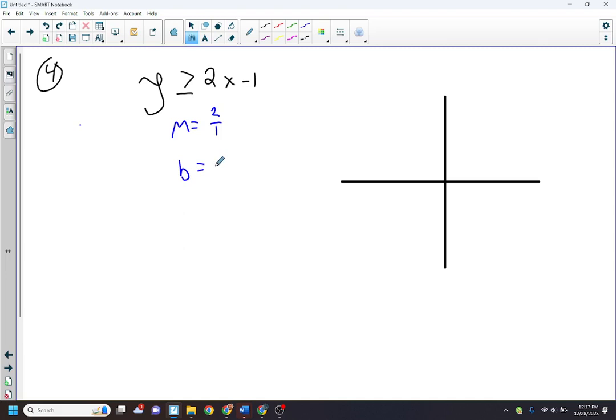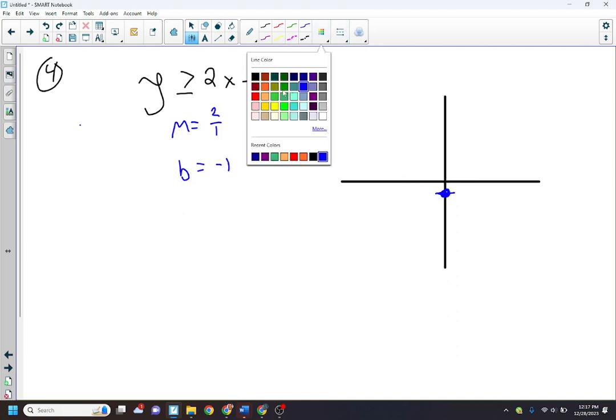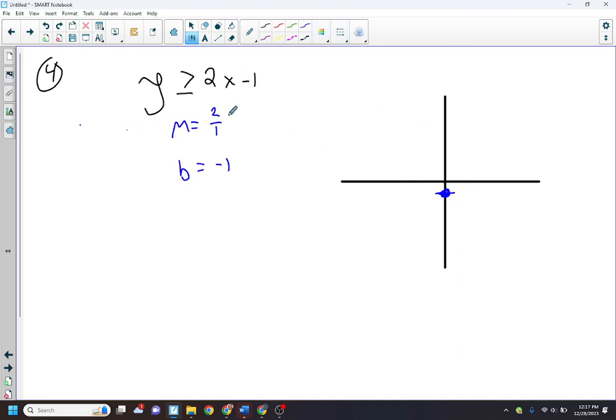Your b is your y-intercept, that's negative 1. So I'm going to start 1 down. And since my slope is 2 over 1, that's up and right or down and left. So up 2, right 1, down 2, left 1. Make sure to connect the dots.